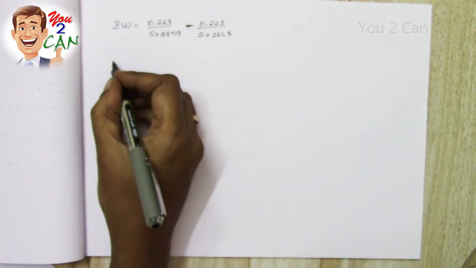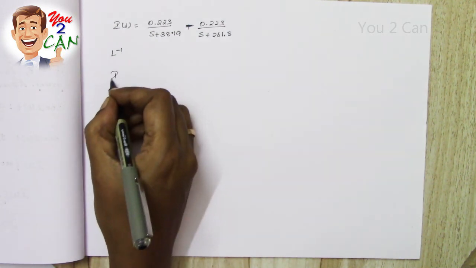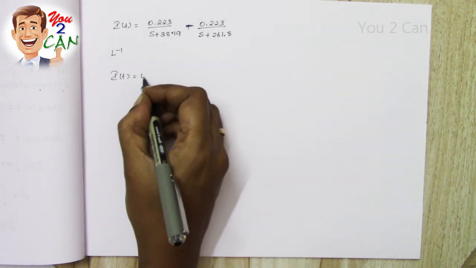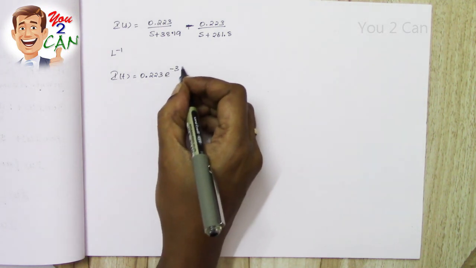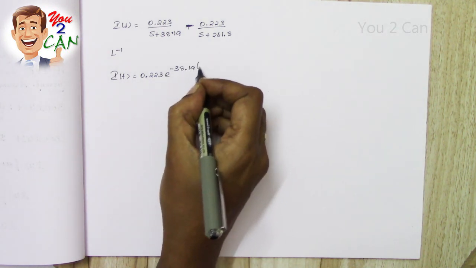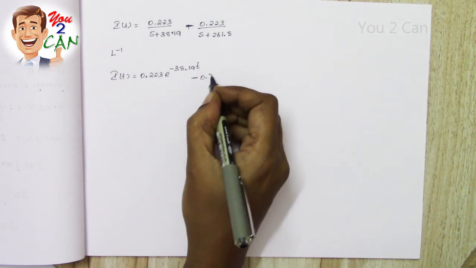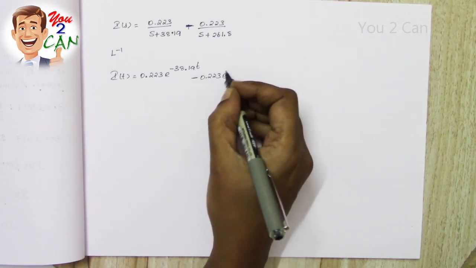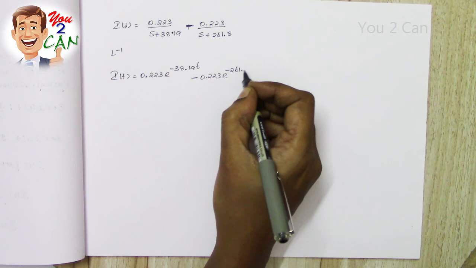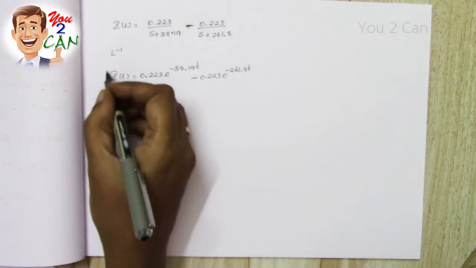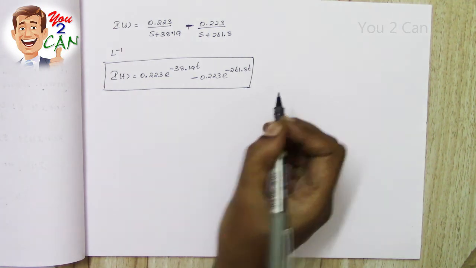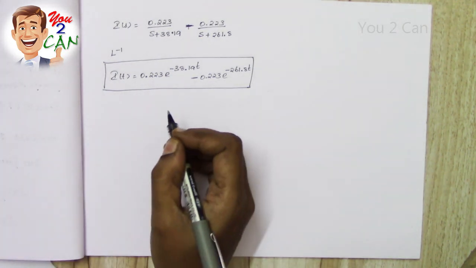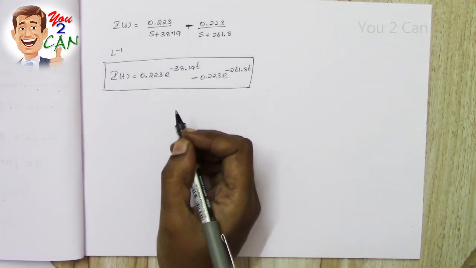Now take the Laplace inverse. i(t) will be equal to 0.223 e power minus 38.19t minus 0.223 e power minus 261.8t. This is the equation for the transient current.